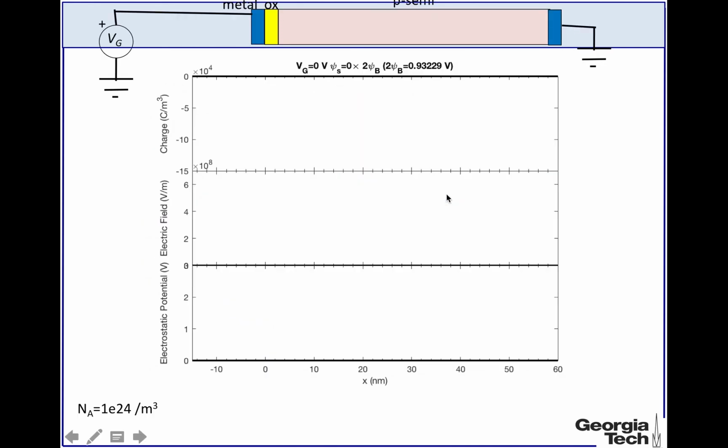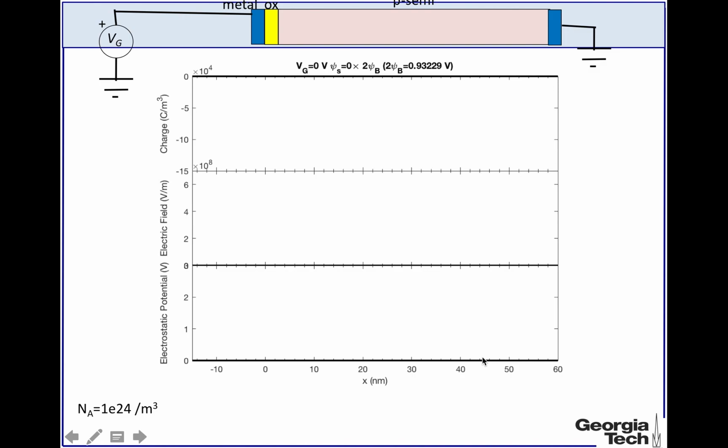Okay, so now we will see a number of simulations which show how the charge density, electric field and the electrostatic potential change as you change the gate voltage. Now here the gate voltage is 0, so there is no charge in the system. The electric field is 0 everywhere and the electrostatic potential is 0 everywhere.